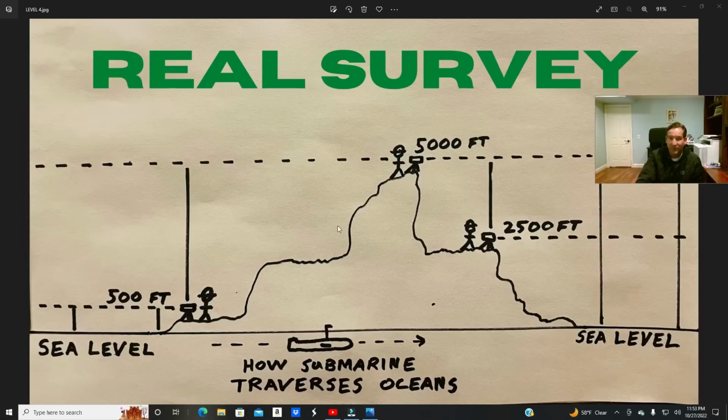Or they can physically fly over a flat Earth. The airplane can fly over a flat Earth in a flat straight line, and then they've got these lasers that can detect the elevation because the airplane's flying perfectly straight across that surface, and then they can read from that laser the difference of elevation, and there you go.